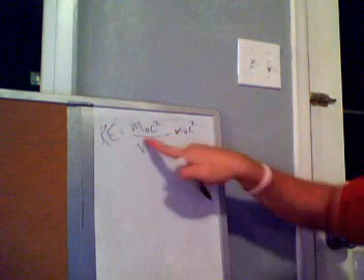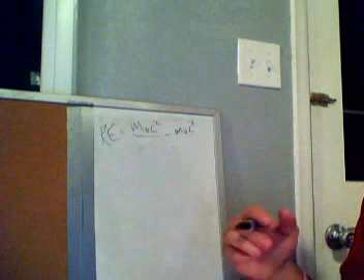You can substitute this, since gamma is 1 over the square root of 1 minus v squared over c squared.